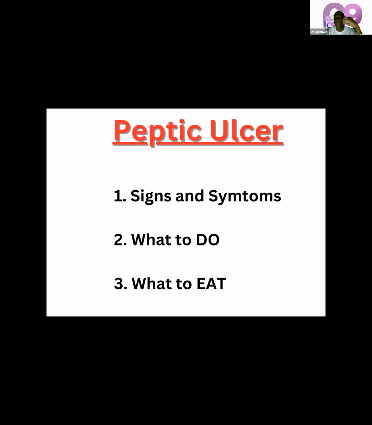So by eating regularly, if it is as a result of excess hydrochloric acid, 6 times, 7 times, but a small amount, even 2 pieces of biscuit, it will enter your stomach and give the acid something to work on.